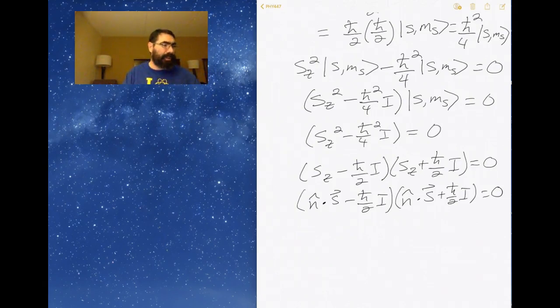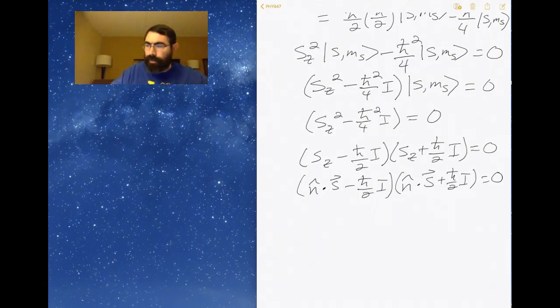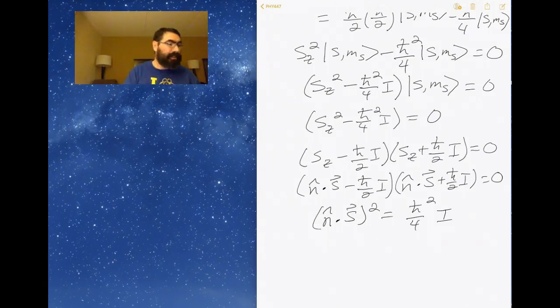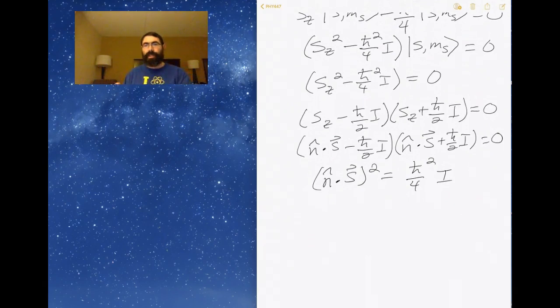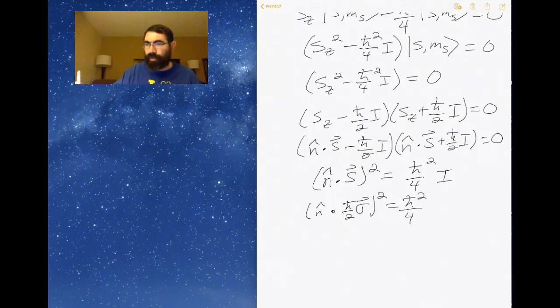so now if I put this all together, it basically means that n dot S, this quantity squared, is equal to h bar squared over 4 times the identity. And since the spin operator is just h bar divided by 2 times the Pauli spin matrix, then I get n dot h bar over 2 sigma squared is equal to h bar squared over 4 times the identity.